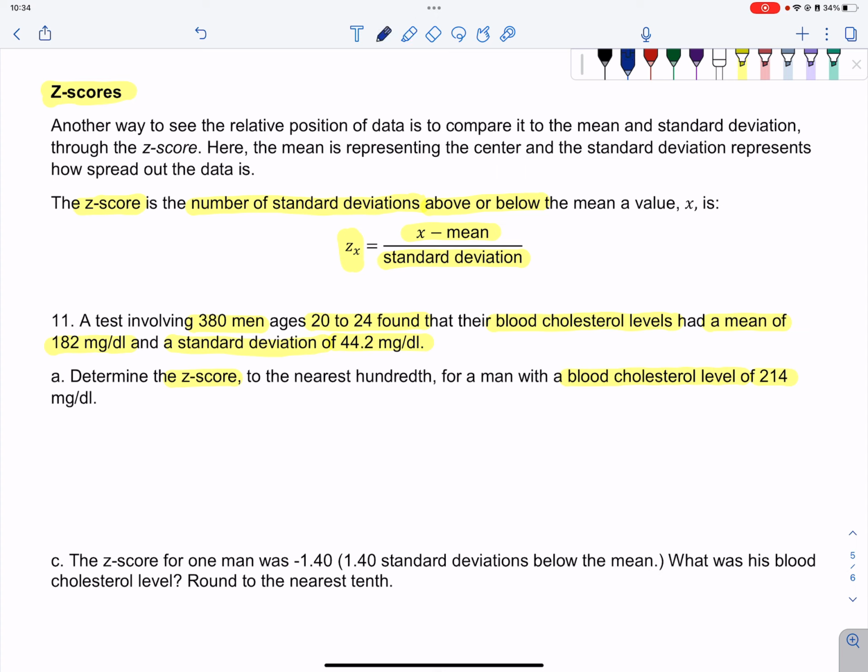So now we have been given the mean, we have been given our standard deviation, and now I want to find the z-score for this specific data value, which is 214.